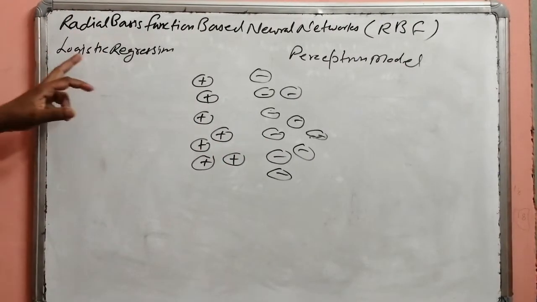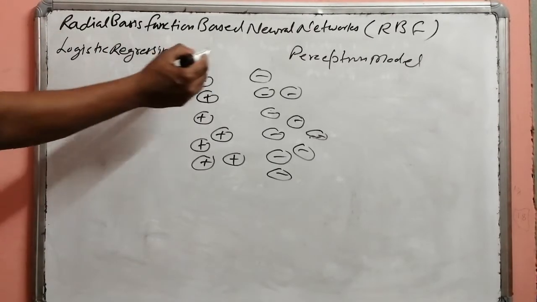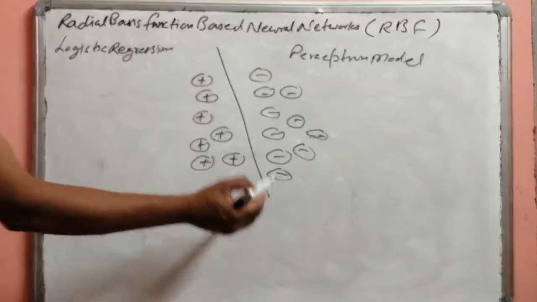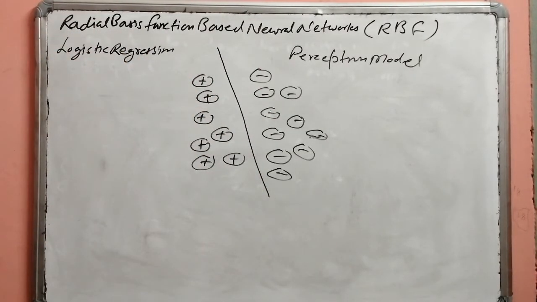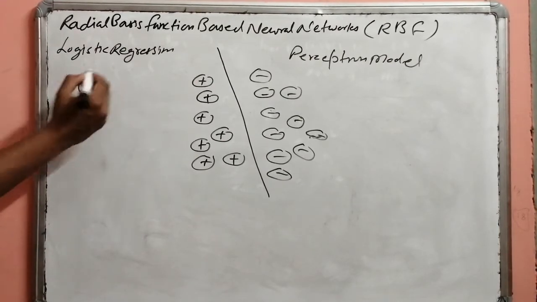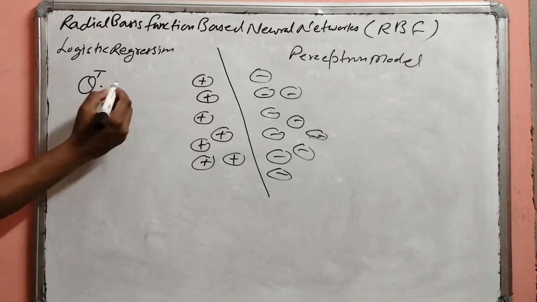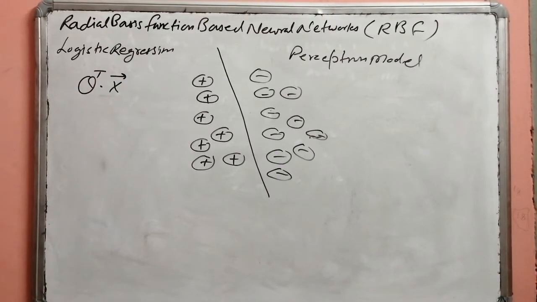So the logistic regression tries to draw a line separating the positive class from the negative class by finding a vector theta such that when its transpose is multiplied by your input vector, it results in a value y.